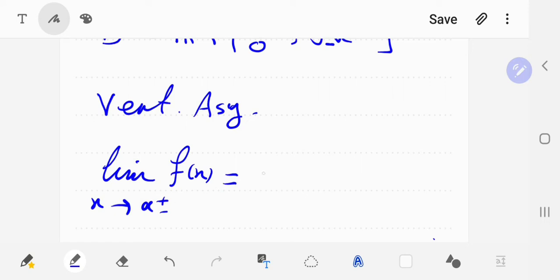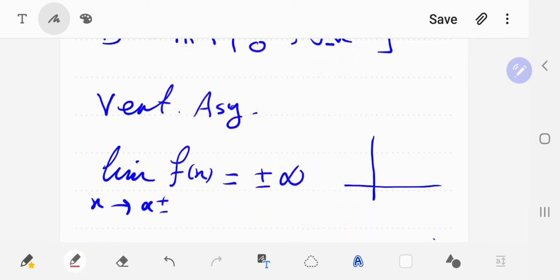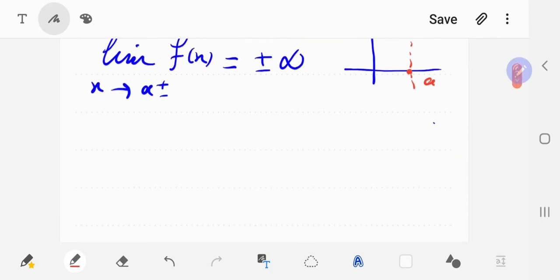If such a limit gives us either positive or negative infinity, this means that we will be having a vertical line passing through a, and that would be x equals a, will be a vertical asymptote.